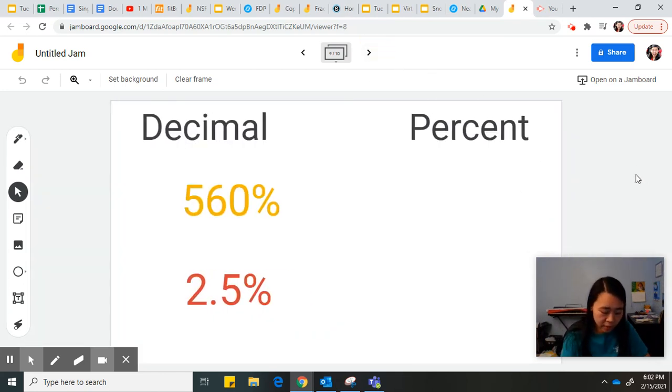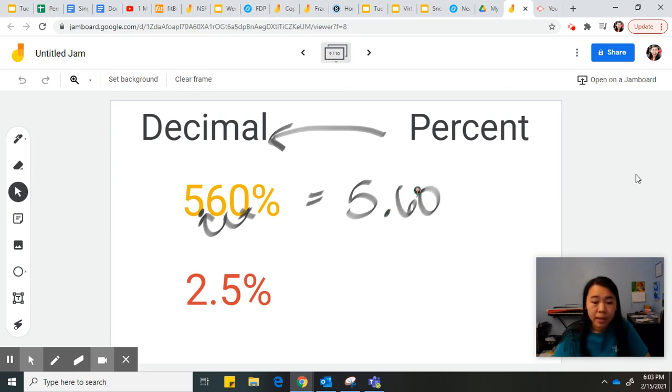Ooh, that is a very, very big percentage. Same thing, percent to decimal, we're moving to the left 2 times. Okay, here's my decimal place. 1, 2. Here's my new decimal place. 5.60. So 560% is 5.60. Do I really need the 0? I don't. You can take that away. Same answer.